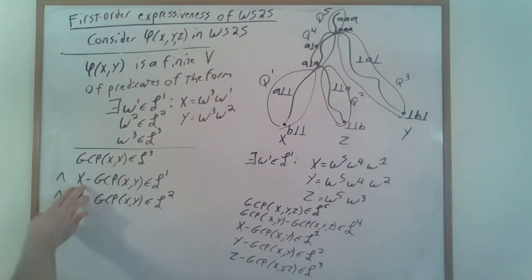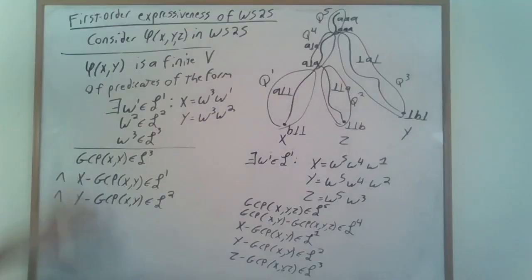We can't take an x and a z and talk about x minus z, but we can say that the difference between two words falls into a regular set. And that we actually get out of the analysis that we did when we were looking at templates of x and y, where y was a prefix of x. So that's our complete classification.